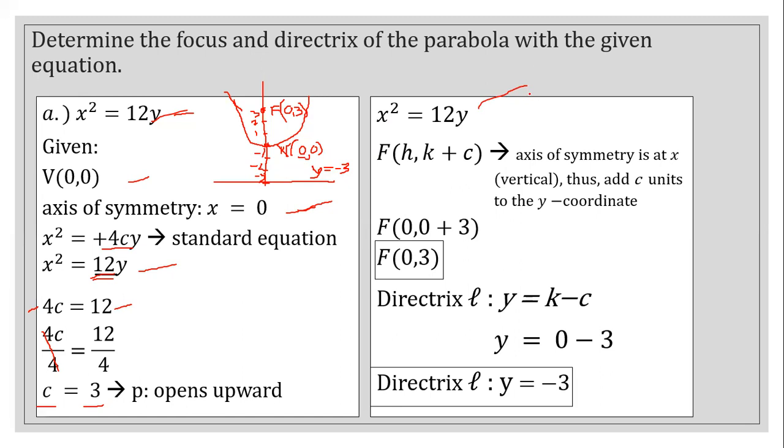Let's determine the focus. Earlier we determined it by just counting through a figure. But assuming there's no figure drawn, let's determine the focus by the value we have, which is c equal to 3.